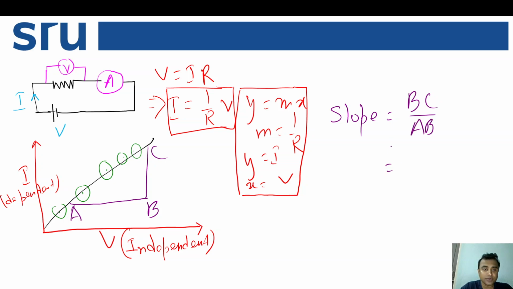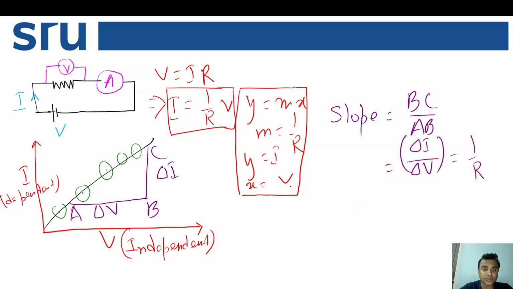What is BC? BC is the change in the current, and AB is the change in the voltage. So we can write BC as delta I, and this is delta V. So delta I over delta V is nothing but 1 over R.